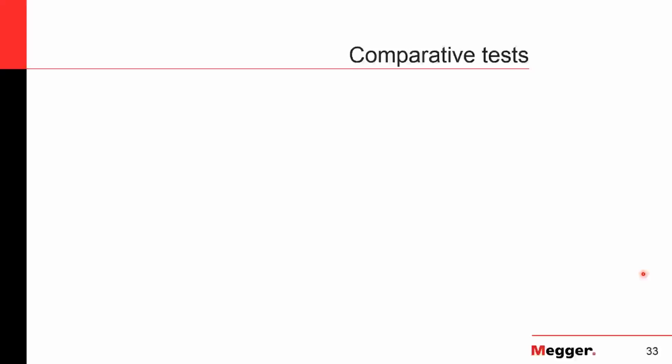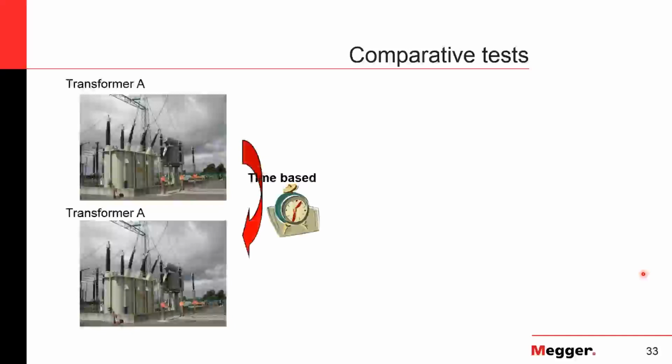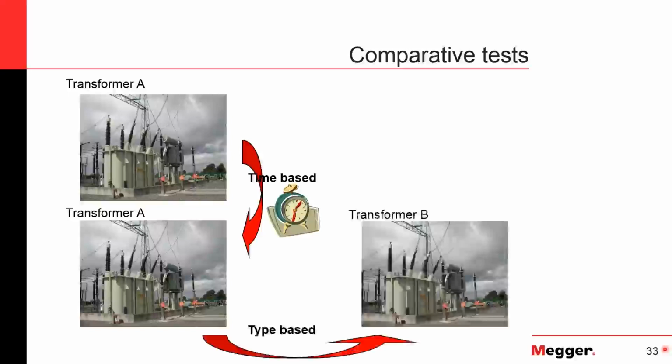So the best thing you can do is a time-based test, where it's the same transformer, you have your fingerprint, then later on down the road, if something happened and you suspect a fault, you test that transformer again and compare it to the original. But as we said, you don't always have a previous measurement. So what you may have to do is look at a type-based test, where you have 2 or 3 of the same transformer with consecutive serial numbers.